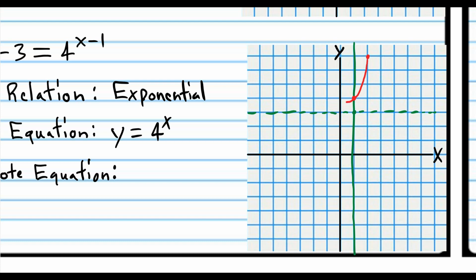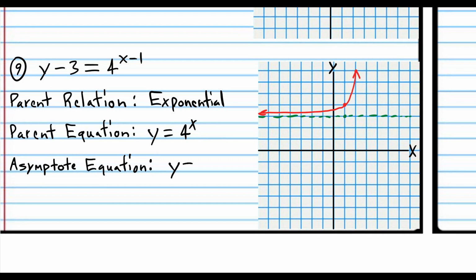So we just connect the dots, understanding that as we go to the left, the graph approaches that dotted line. And of course, we're going to erase our temporary vertical. And the equation of the asymptote line is y is equal to 3.